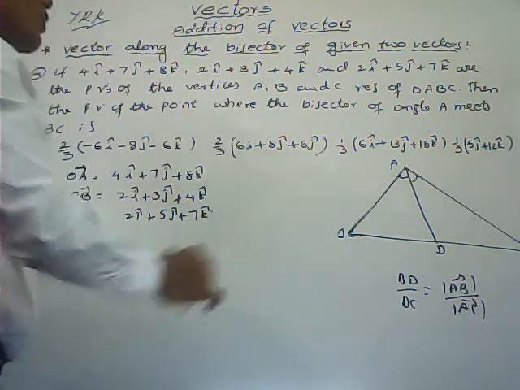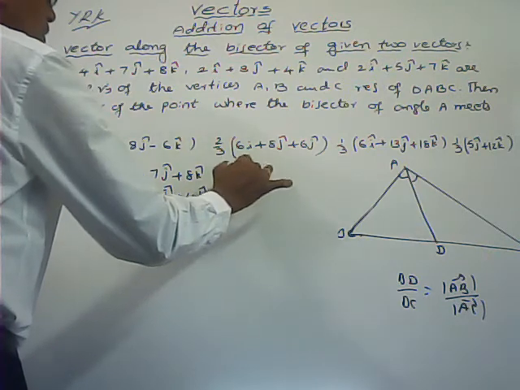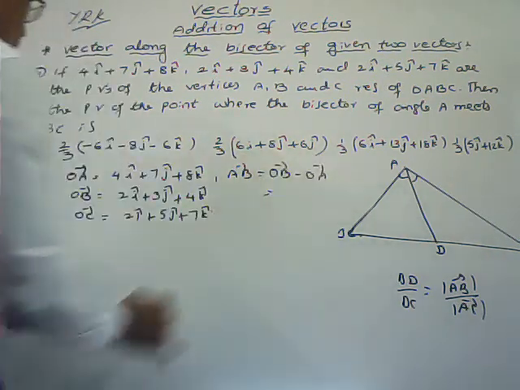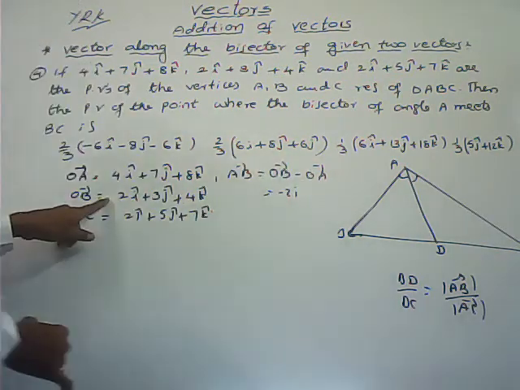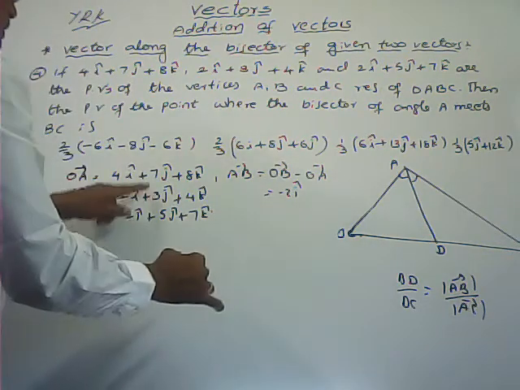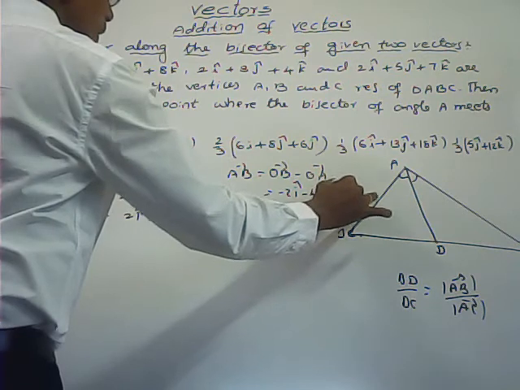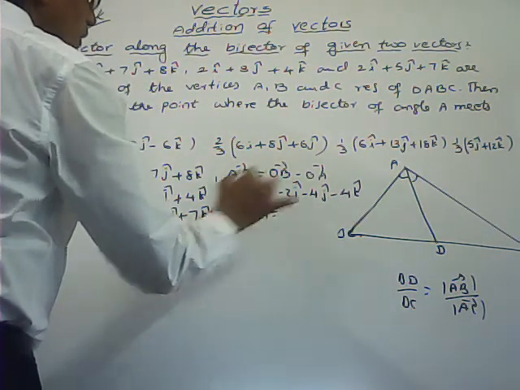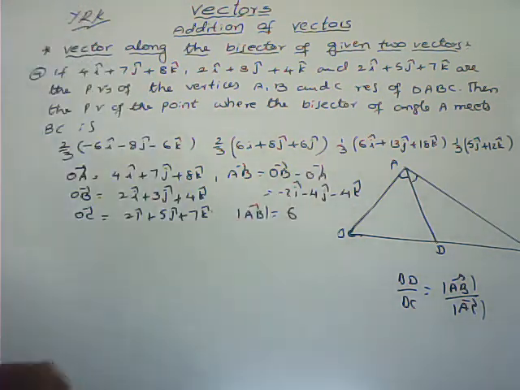Here how to get modulus of AB bar? AB bar, that is nothing but OB bar minus OA bar, that is minus 2i cap minus 4j cap minus 4k cap. What about its modulus? Modulus of AB bar, that is equal to 6 only. Root of 36, root of x square plus y square plus z square.